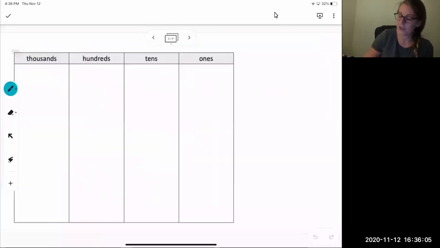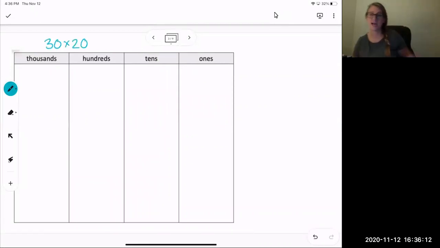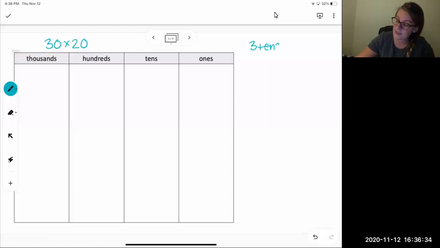Here is our first problem that we are going to discuss. First we're going to do 30 times 20. Think about all of the different ways that we could represent 30 times 20. Think about decomposing your number to represent this problem. We could represent it in unit form using 3 tens times 2 tens.